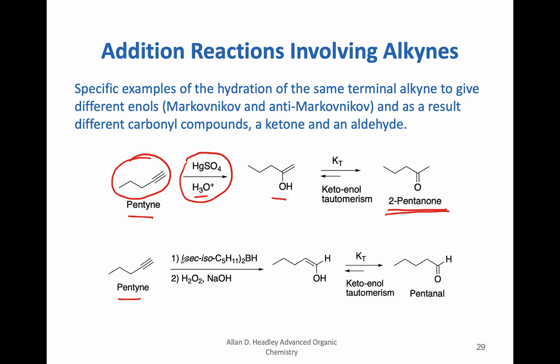If you use a different set of reagents, a very bulky reducing diborane here, secondary isoamyl times 2, this will add here in a sense to reduce steric hindrance, where the OH will add to this carbon to give this enol here, and the reduction, well, followed by the oxidation of the borane gives this enol, and the enol tautomerizes to give the pentanal, that's the aldehyde.